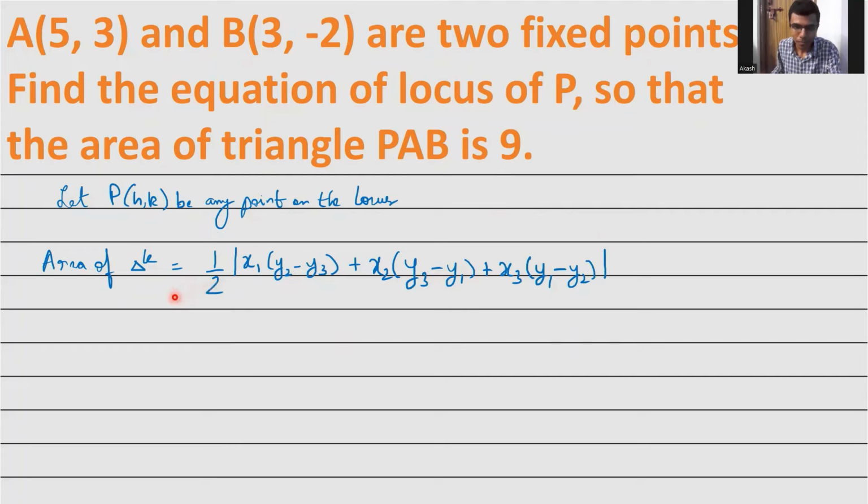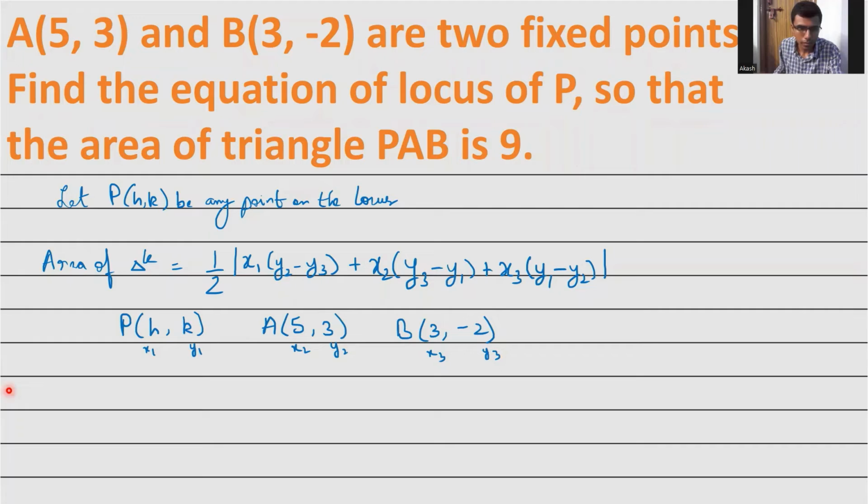Okay, fine. So now let's write it down like this, guys. It will help you avoid mistakes. P is (h, k), A is (5, 3), and B is (3, -2). Now I'm going to take this one as x1, y1, and write it small, x3 and y3.